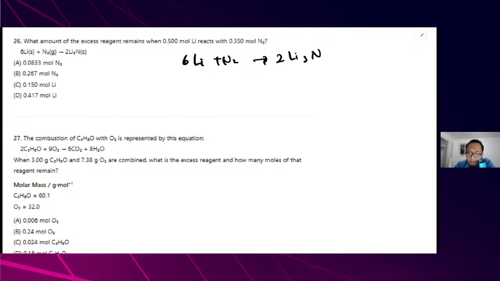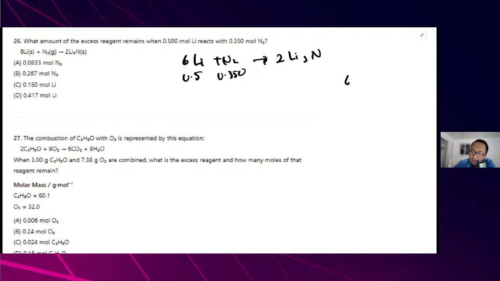Kind of the same. We react 0.5 mole lithium, and the N2 is 0.350, and then we need to determine the limiting reactant again. Which one is the smallest one?